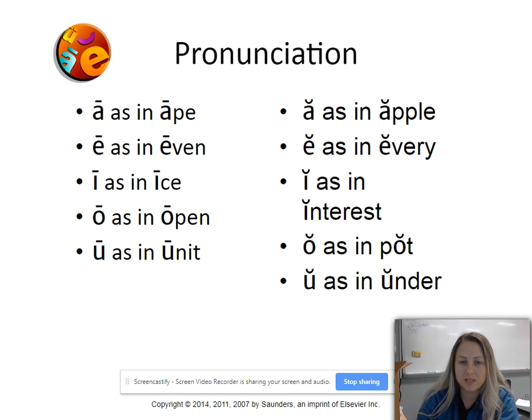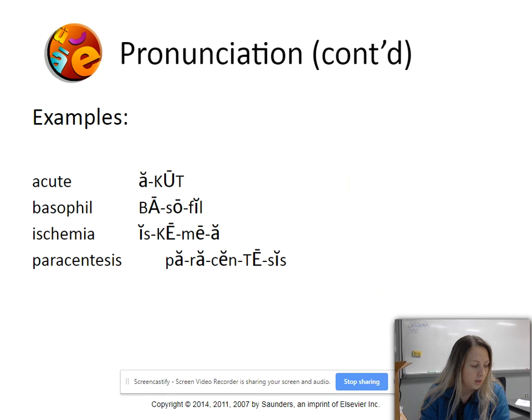So these are some of the pronunciations. When you're trying to sound out all of these words, all of your vowels can have a short sound or a long sound. So an A can be long as in ape or short as in apple. An E can be long as in even and short as in every, right? It can make the word sound completely different.